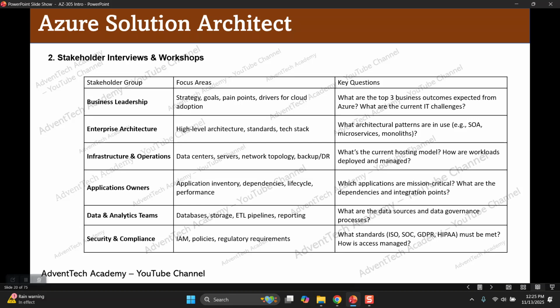As a solution architect, we have to identify the focus area. We have to gather the relevant information by asking key questions like which applications are mission critical, what are the dependencies and integration points, and then the data analytics team.